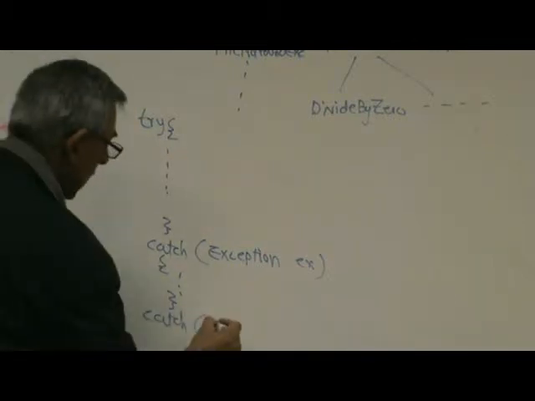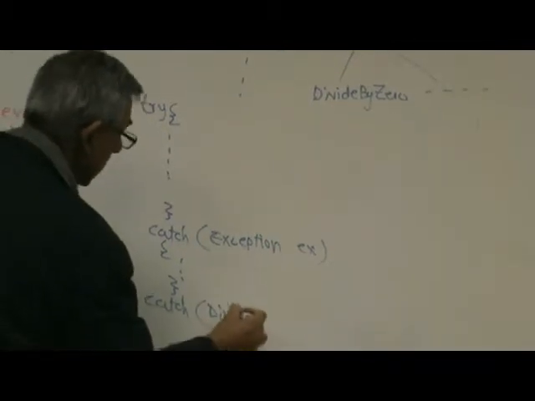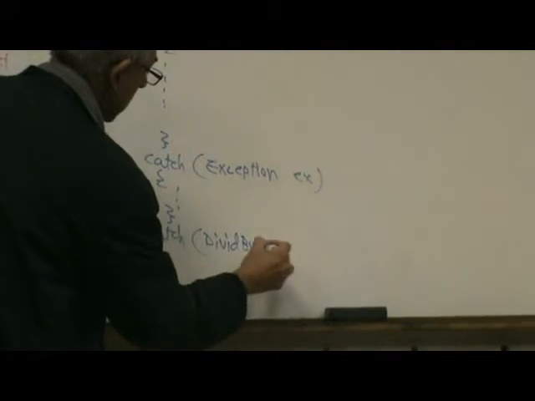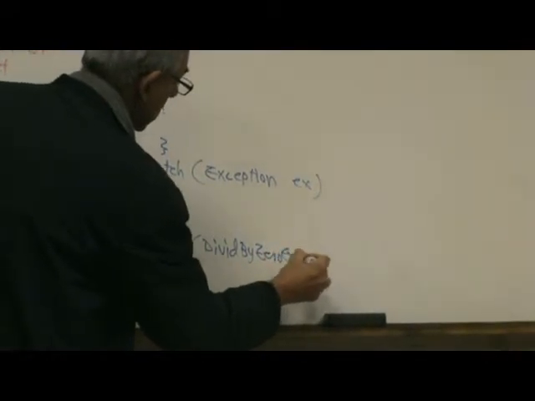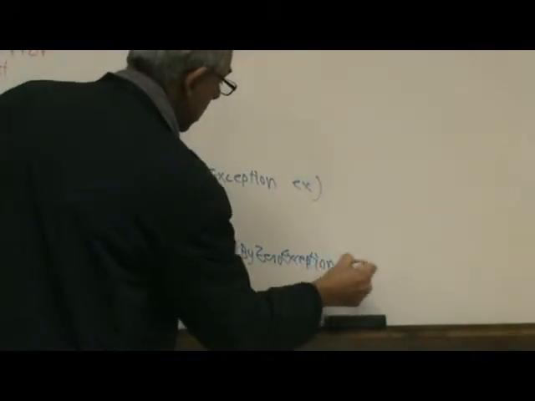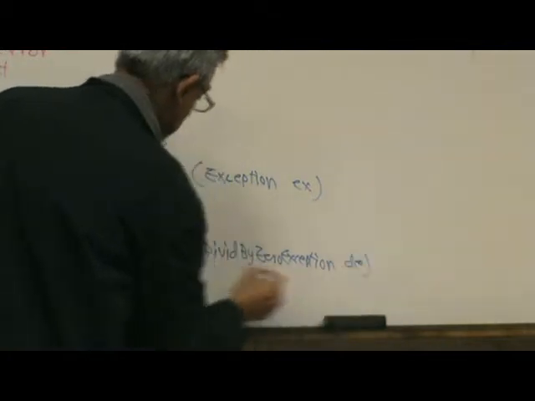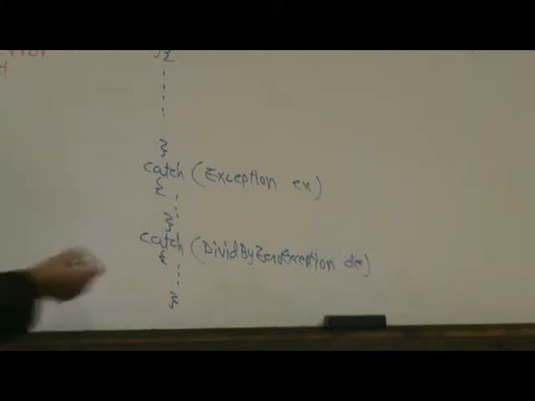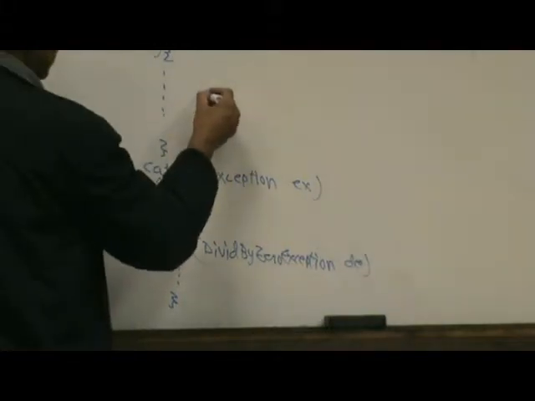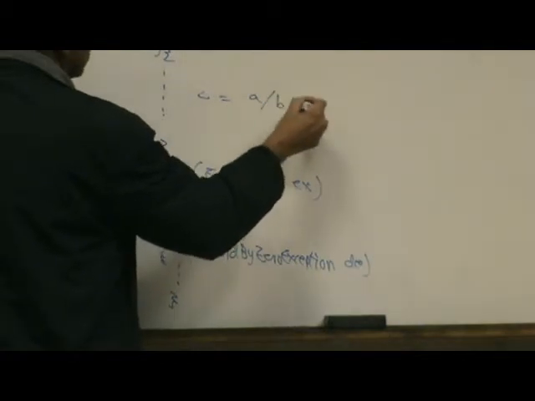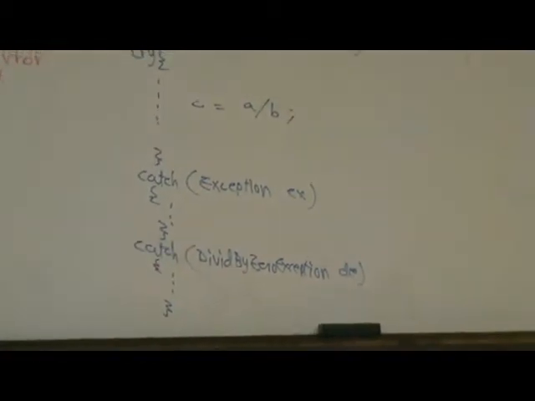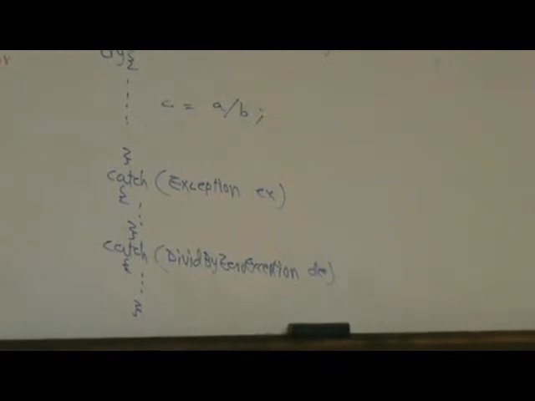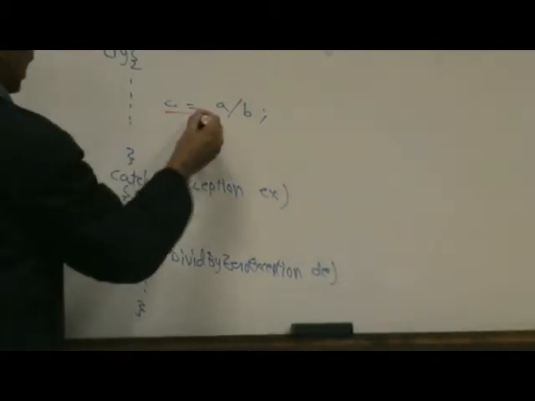You can say catch, let's say, divide by 0 exception, DE. And there could be more catches over here. So let's pretend somewhere over here you were doing C equal to A divided by B, and B happened to be 0. So what will happen?